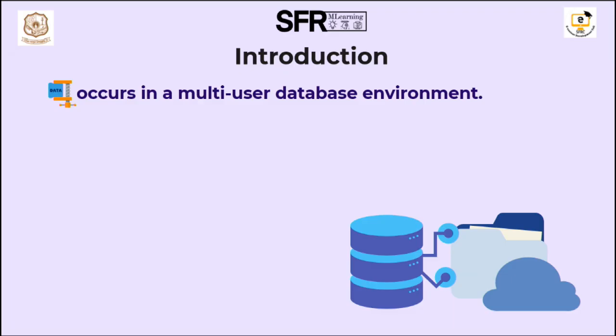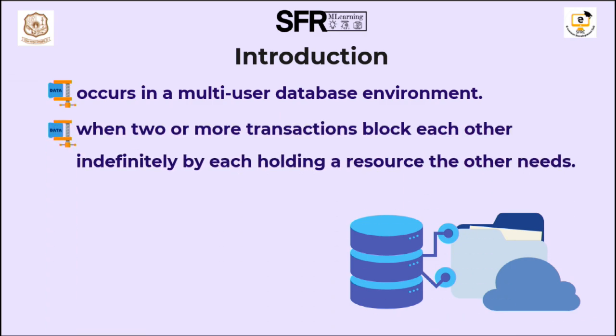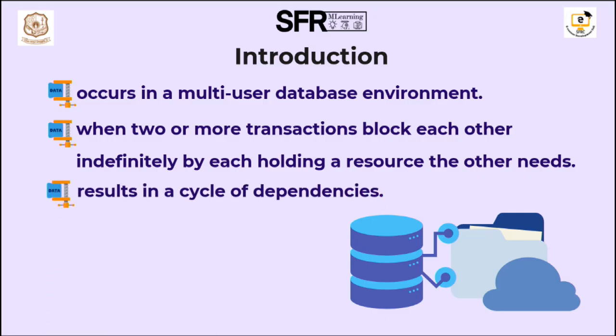A deadlock occurs in a multi-user database environment when two or more transactions block each other indefinitely by each holding a resource that the other needs. This results in a cycle of dependency, that is a circular wait, where no transaction can proceed. Let's see it with an example.